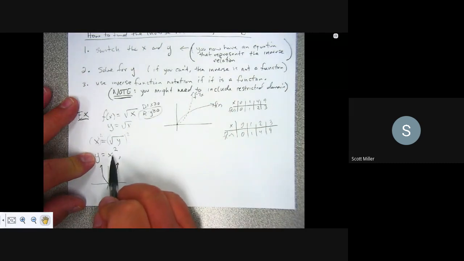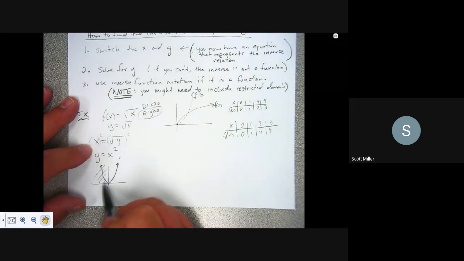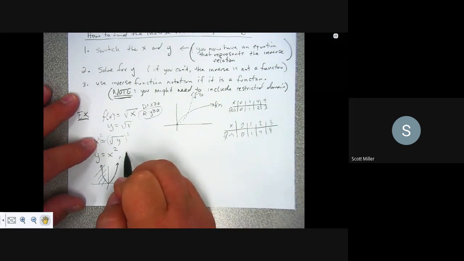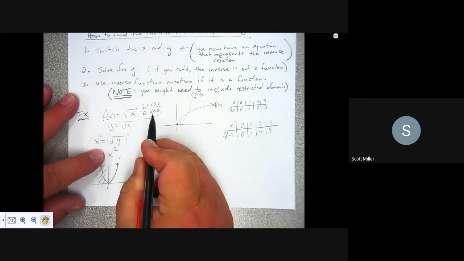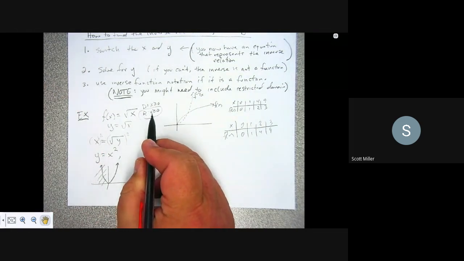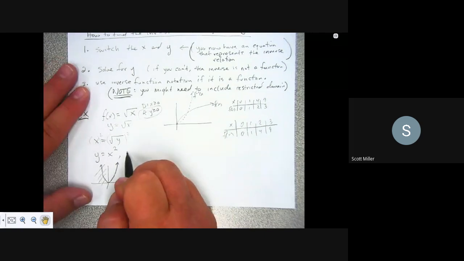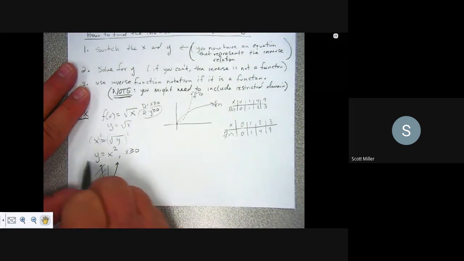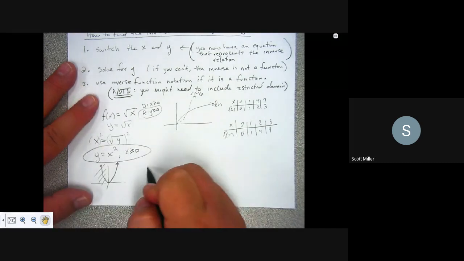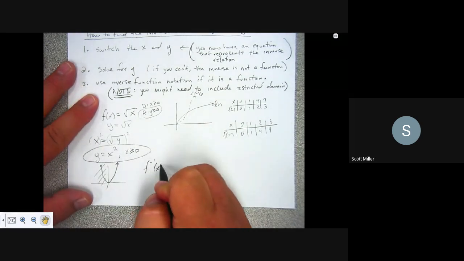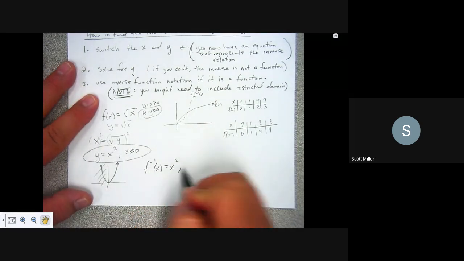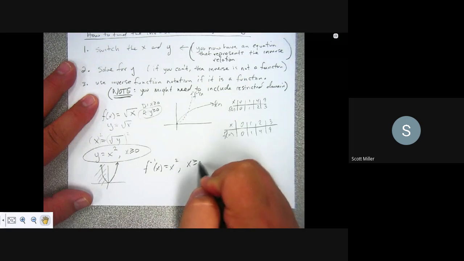It's not just x squared. I have to eliminate this side. Remember, the x and the y switched, right? So down here, I have to put x is greater than or equal to 0. That can then be written as f inverse of x is x squared when x is greater than or equal to 0.